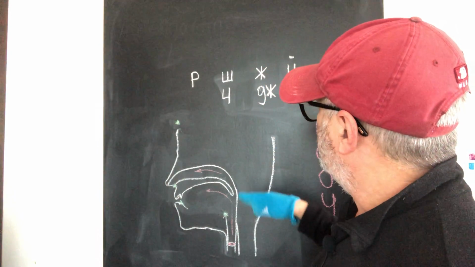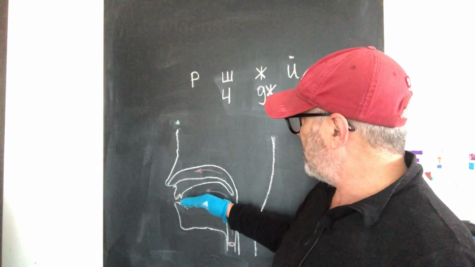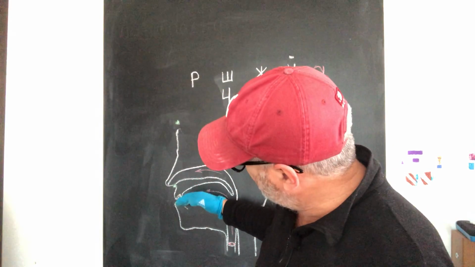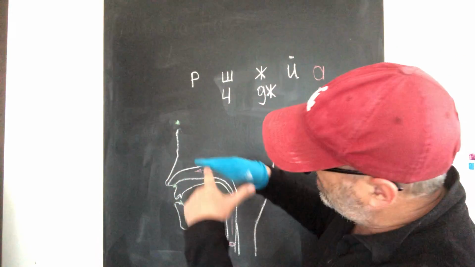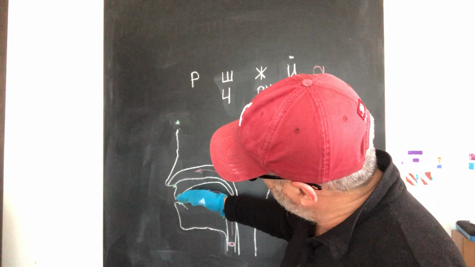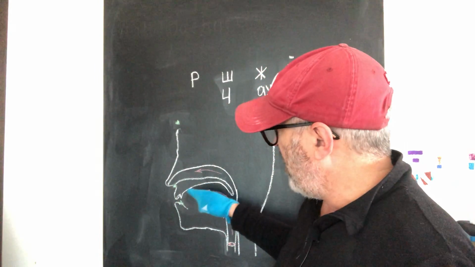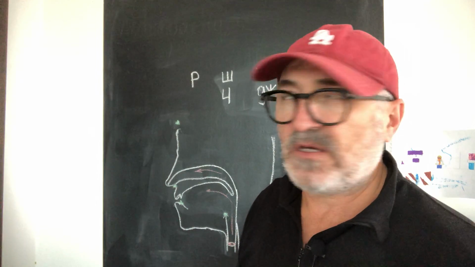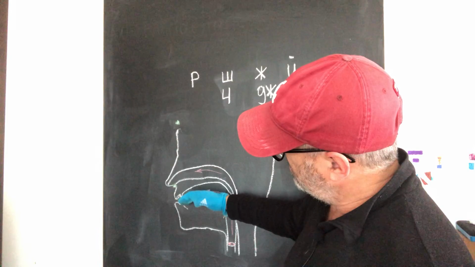Next group of sounds, z and j. The same place. In fact, it's the same place, and this part of the tongue is moved a little bit up, so the tip of the tongue will bend a little bit, and when we approach it and give air and voice, it will be z, z, z, like this.